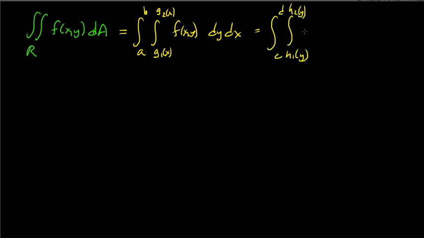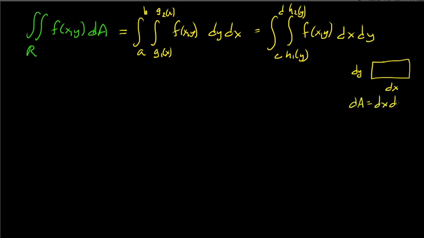So this is just a quick review of what we did in the previous video, in the previous section. But now dA is dx dy, right? After all, if you just have a tiny rectangle here of length dx, and let's say the width is dy, the area, of course, is just dx times dy.